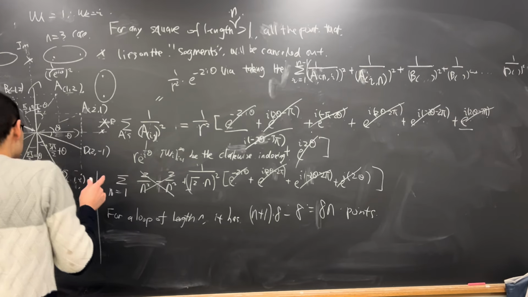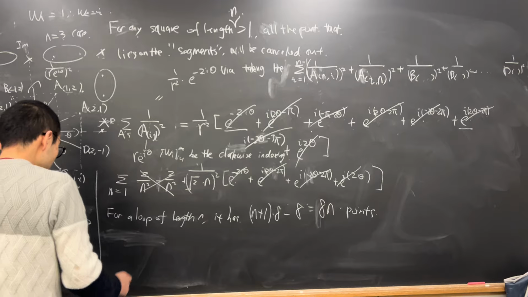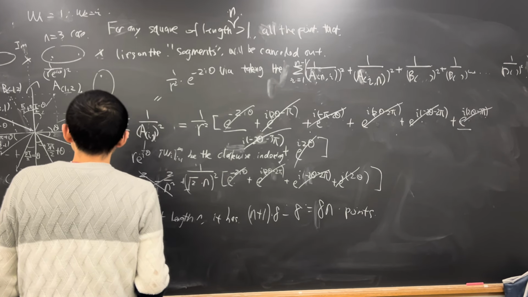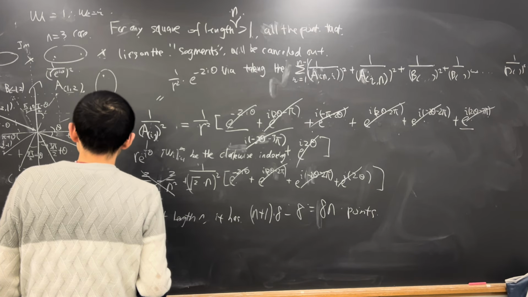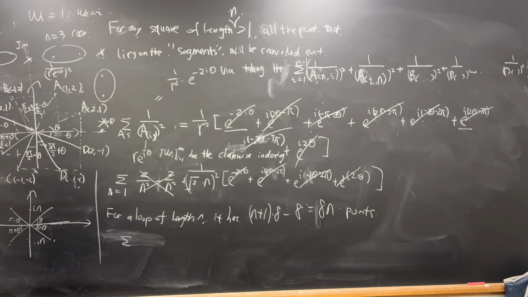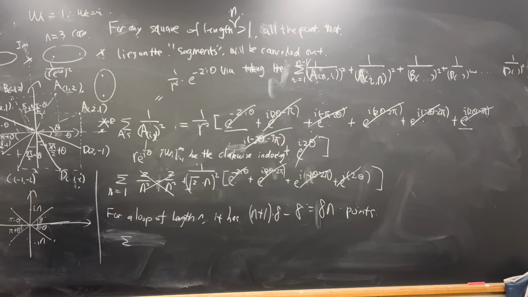The reason it's less than epsilon is this. If you fix an n, consider the sum of the points on the n-th loop. How do I index the points on the n?